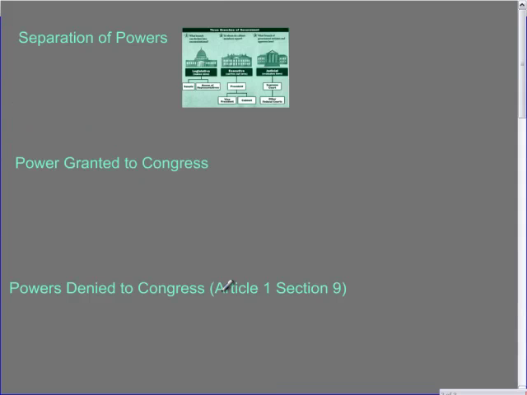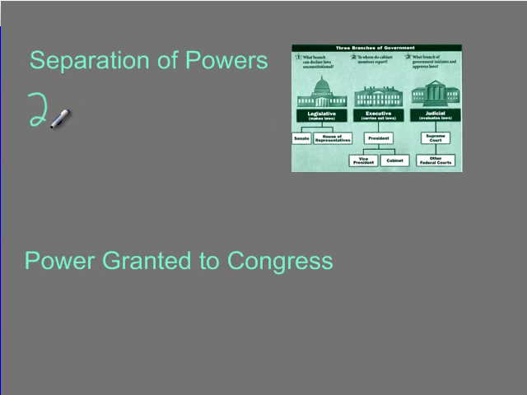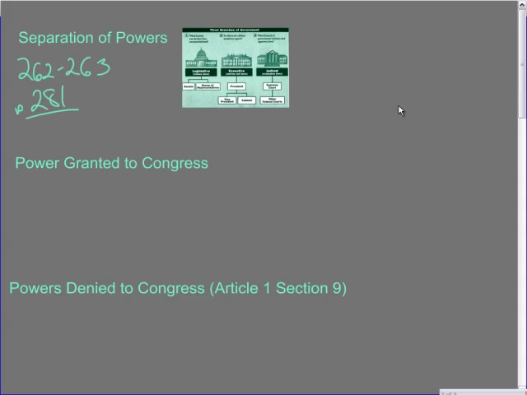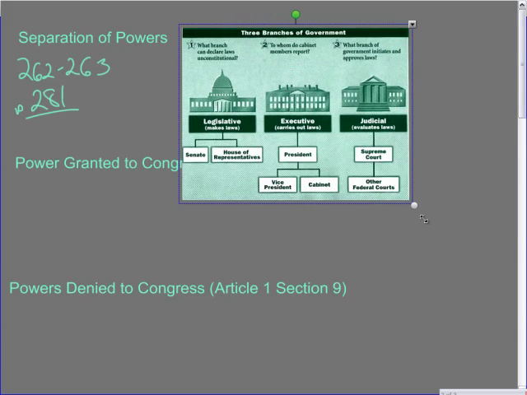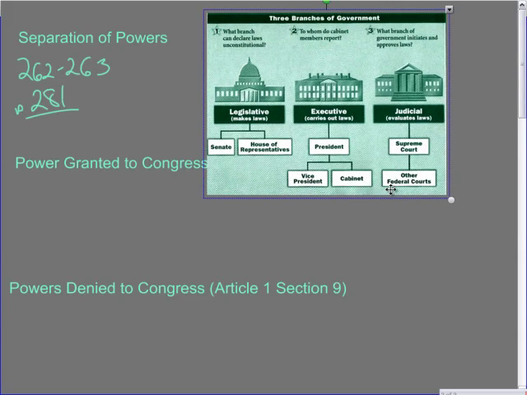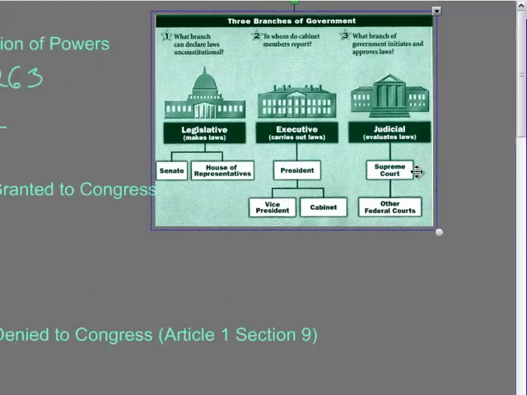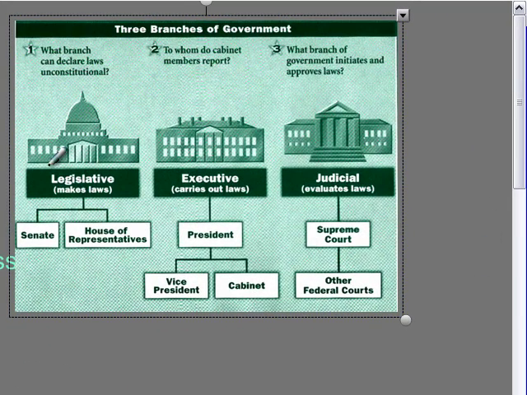So when we look at separation of powers, again on pages 262, 263, but you can also see a good chart on 281 that includes some of the checks and balances. With separation of powers, we take those national government powers and divide them into the three branches: legislative, executive, judicial.